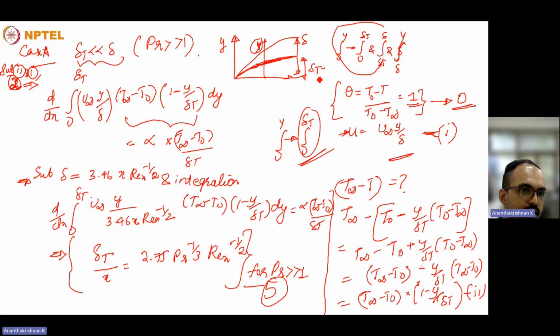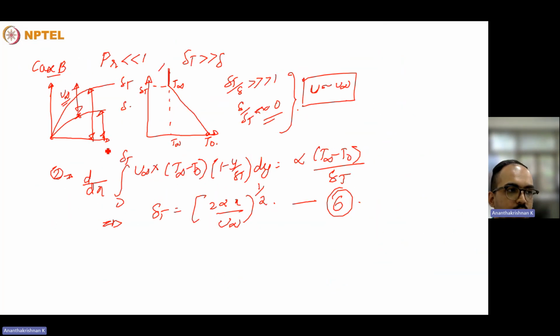Similarly, the temperature scaled from 0 to delta t follows a linear scale, and we can consider that from the linear equation. This is for the Prandtl number very much greater than 1 case, and by integrating the left hand side and right hand side, we get the value of the boundary layer thickness. And the Nusselt number, in this particular case, is the inverse of delta t divided by x, and we can get it straight away.